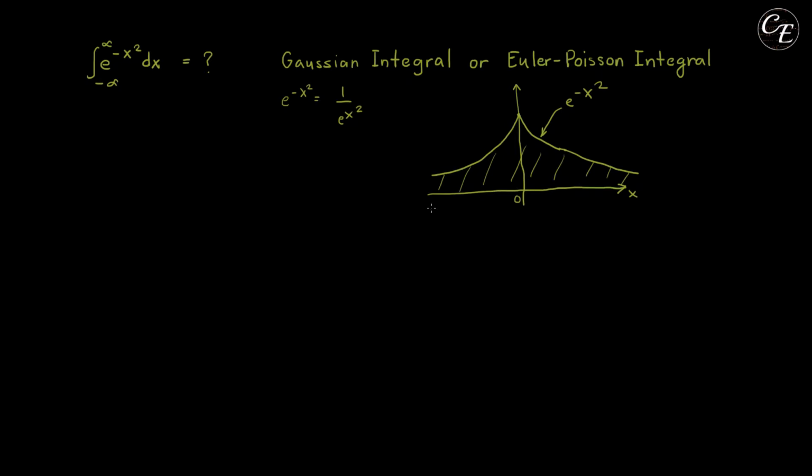From here, we can divide this integral into two parts, from negative infinity to 0 and from 0 to positive infinity. So let's do that. This is equal to the integral from negative infinity to 0 and from 0 to positive infinity.